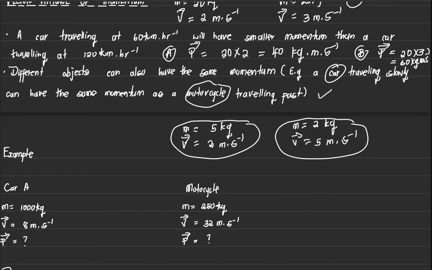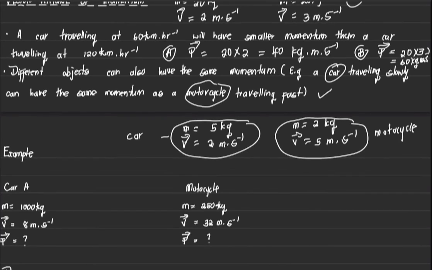So let's check it. For example, this is our motorcycle. It has a mass that is 2 kilograms, which is less than that of a truck. So this one is going to be our car, not a truck, by the way.